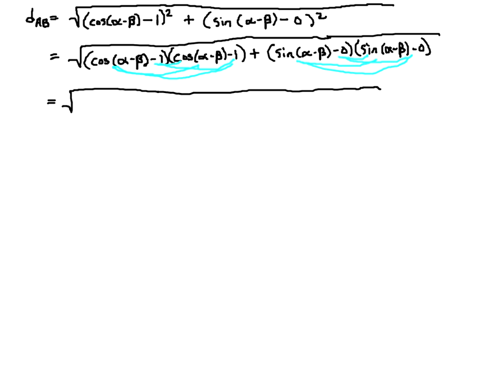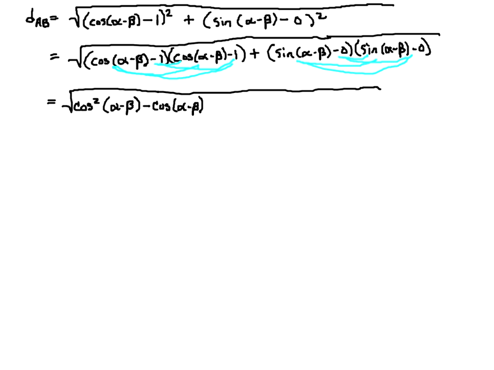Square root of, okay, cosine alpha minus beta times cosine alpha minus beta is cosine squared alpha minus beta. Cosine alpha minus beta times negative 1 is negative cosine alpha minus beta.